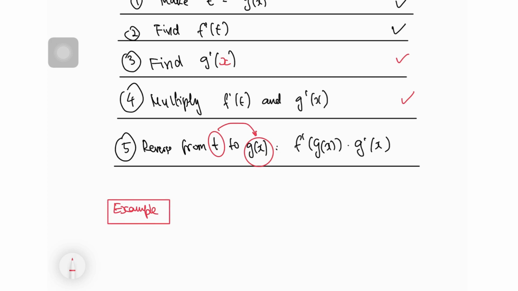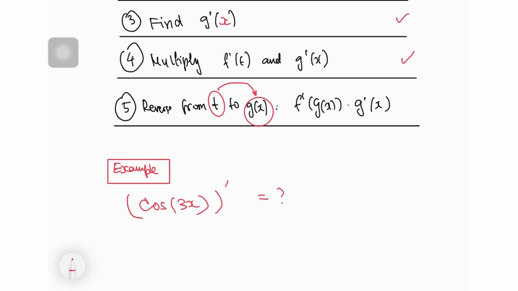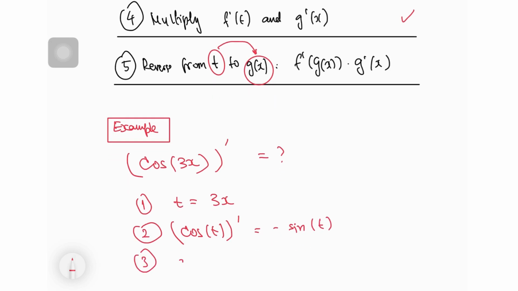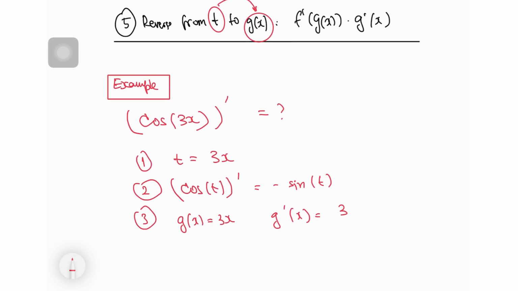So let us see an example. Let's say we want to find the derivative of cosine 3x. Now the first step says take t to be 3x. Second step, find the derivative of cosine t, which is minus sine of t. Third step, g of x is 3x, and g prime of x is therefore 3.